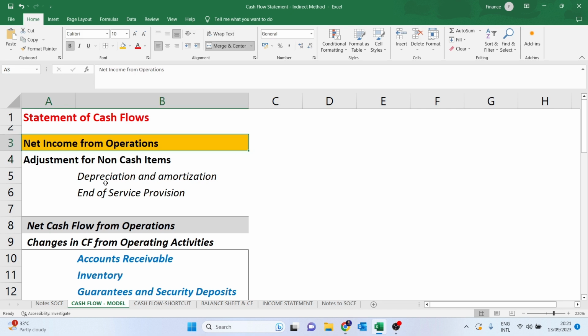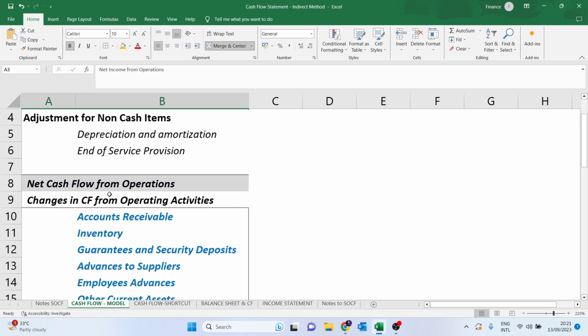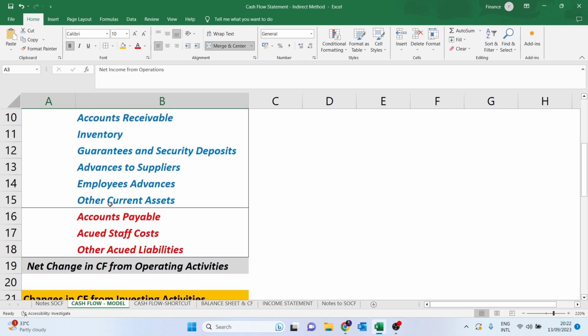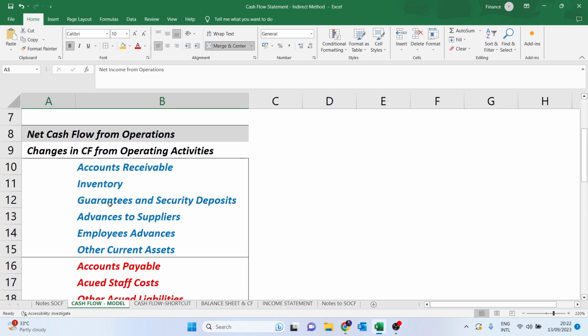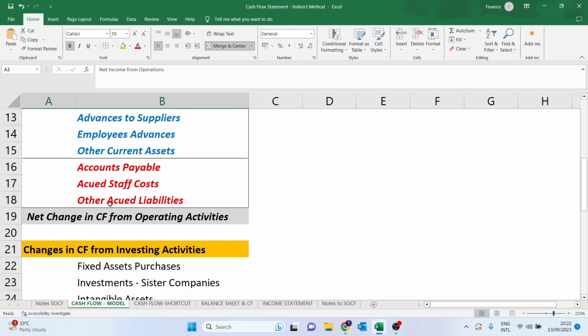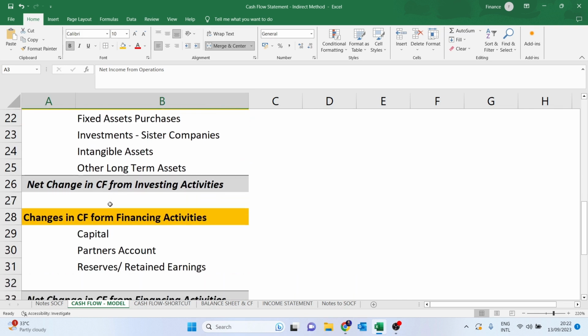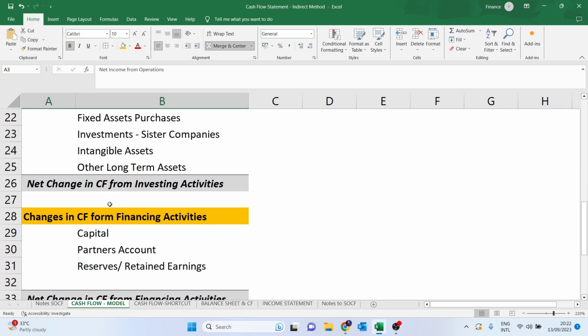Then the adjustments and the changes from day one until closing of the year. What were the changes that happened in various current assets, current liabilities, and in fixed assets, and in our partners' capital accounts or other financing activities.